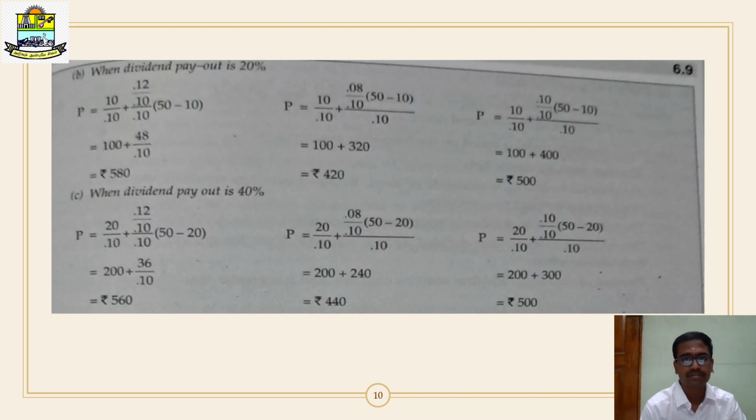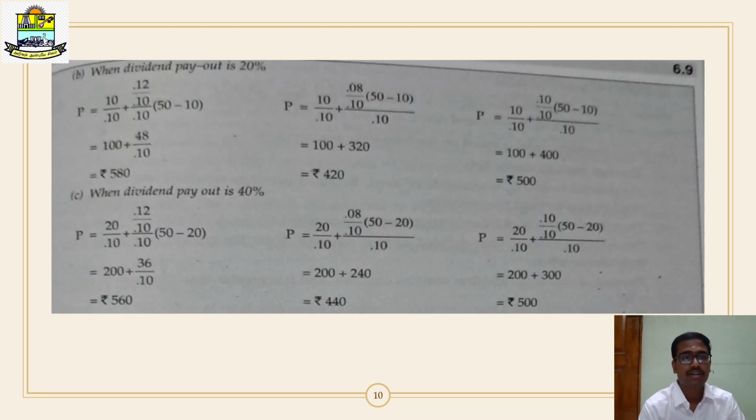This is equal. So this is termed as an assumption: when the rate of return and cost of capital are equal, this is the normal firm, and when the rate of return is less than the cost of capital, it is termed a declining firm, and when the rate of return is greater than the cost of capital, it is defined as a growth firm.